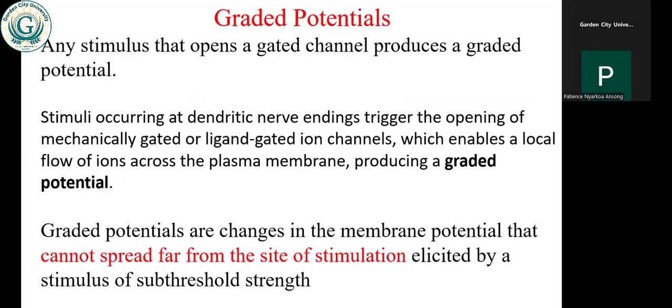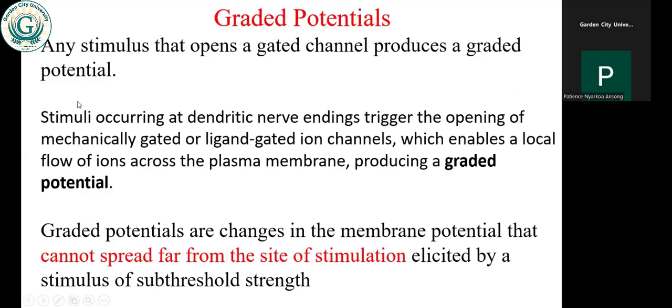Now, let's take graded potential. Any stimulus that opens a gated channel produces a graded potential. So a voltage-gated channel can generate a graded potential, or even a ligand-gated channel can generate a graded potential.